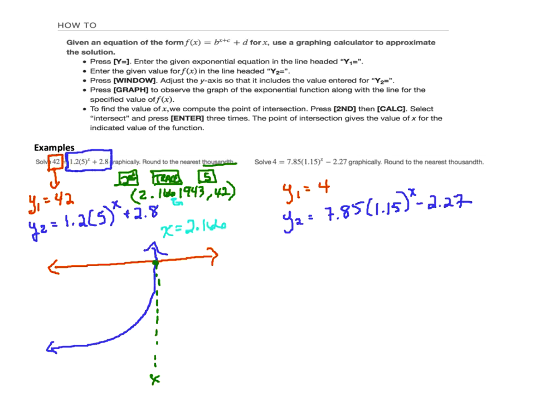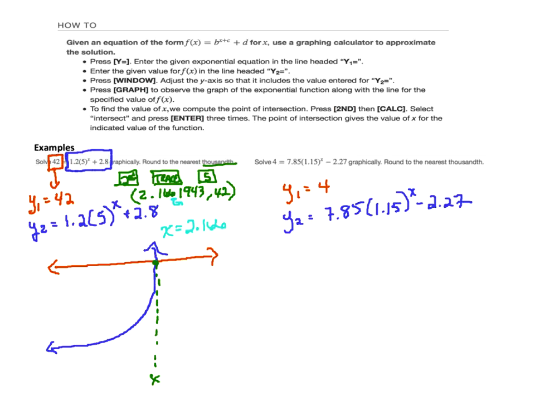So I'm just going to put those in now. I'm going to go back to my y equals, and y1 equals 4, and y sub 2 equals 7.85 times 1.15 raised to the x power minus 2.27.